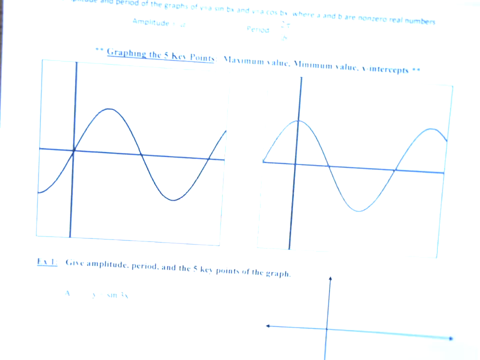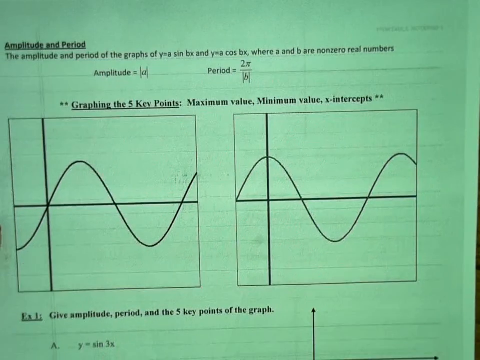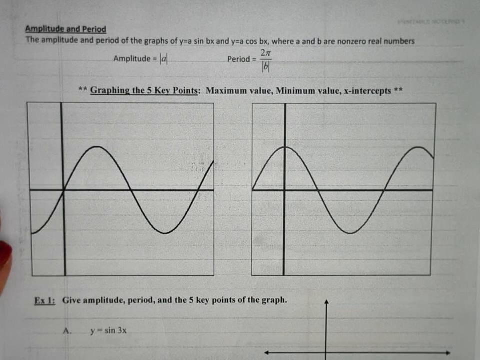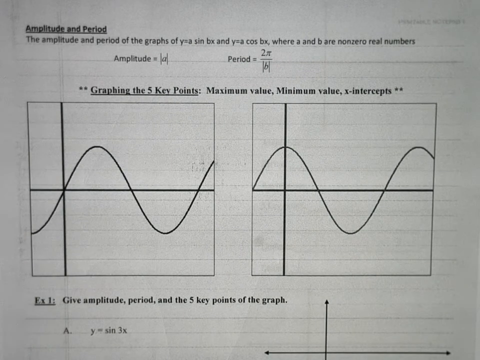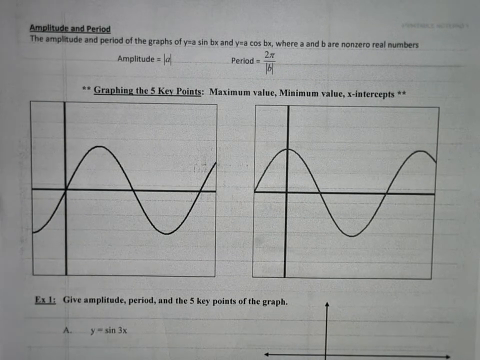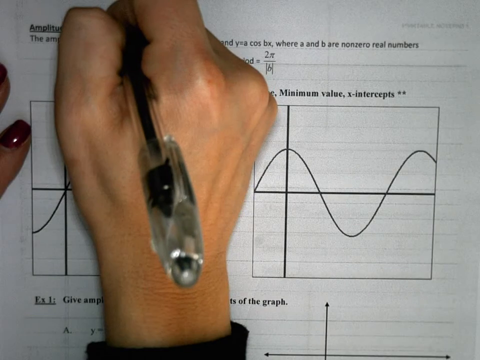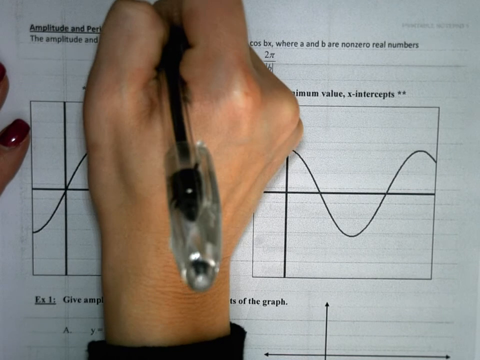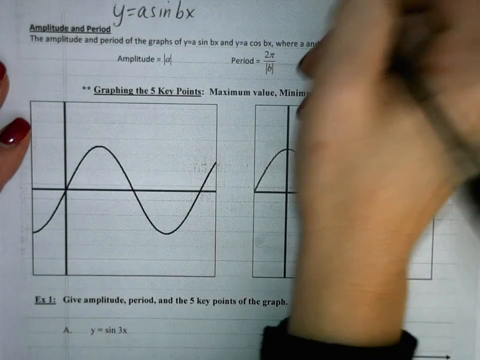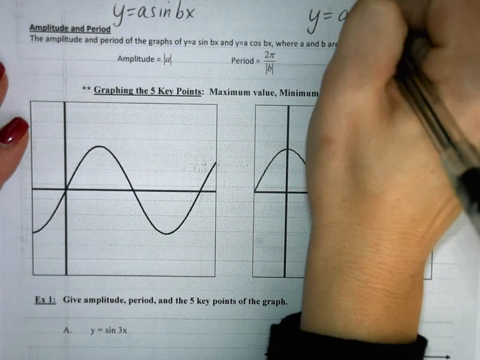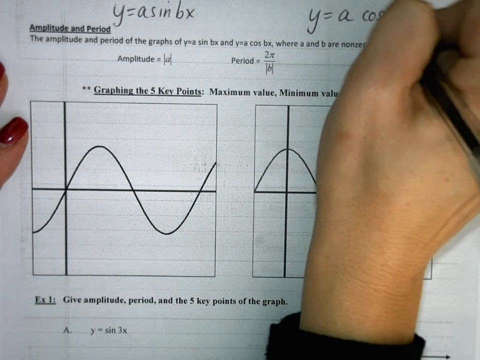Okay, so here we go. The ones that you graphed on worksheet 14.1 were y equals sine of x and y equals cosine of x. What we're going to be doing today is moving towards looking at the graph of y equals a sine of bx and y equals a cosine of bx.